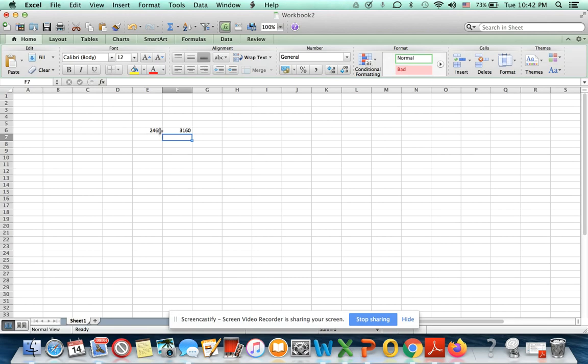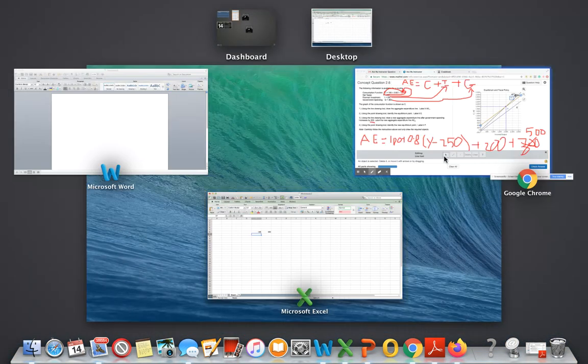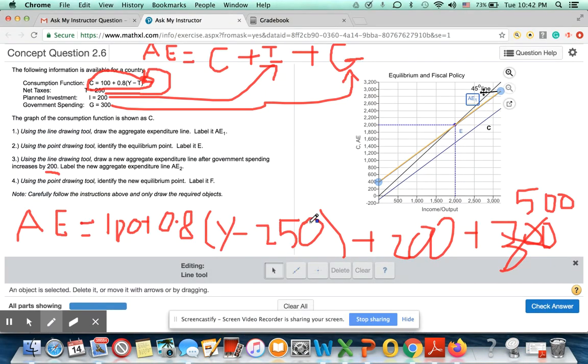And of course, if income is 0, the intercept in here will increase by 200. So we're going to have 600 in here. It's very difficult to get it exactly 600.